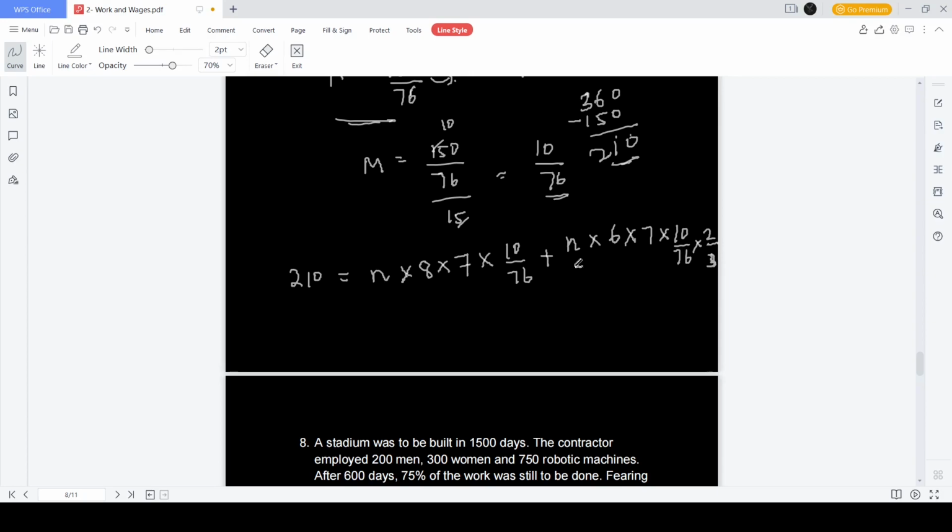So we can take n common in both the terms, and you get n into 8 into 7 by 10 into 76 plus 6 into 7 by 76 into 3.